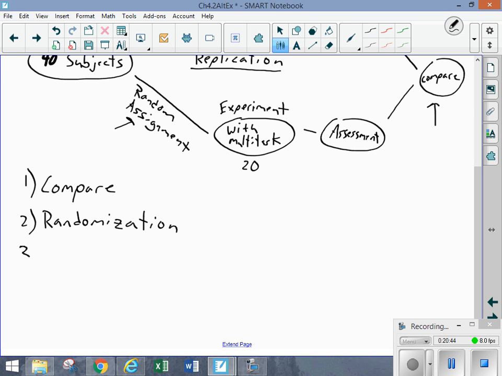You must have replication. And then you also need a control. Maybe not in that order, but that's all.